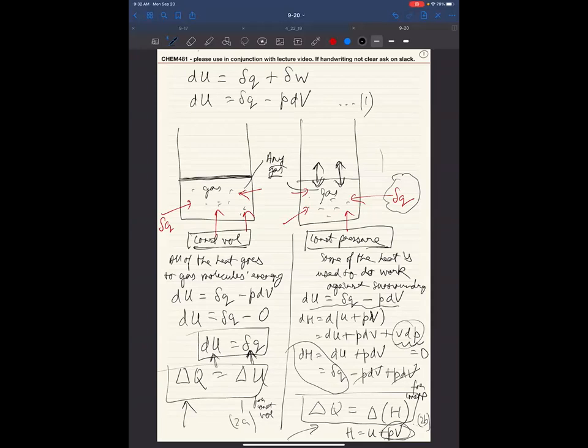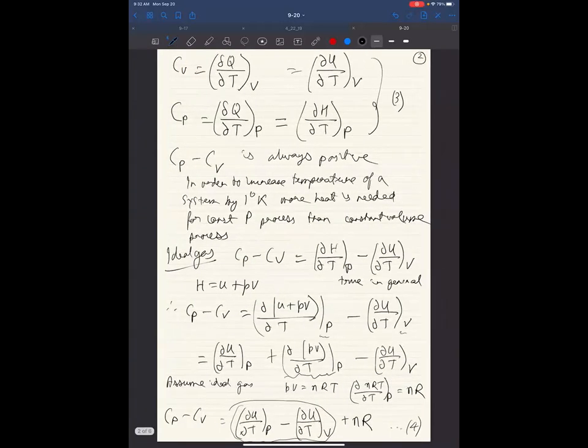But for a constant pressure process, instead of delta U, you get delta H, which is also a state function. That led us to Cp and Cv. We showed intuitively why Cp is more than Cv. Then we derived an expression for an ideal gas. We showed it is equal to nR.